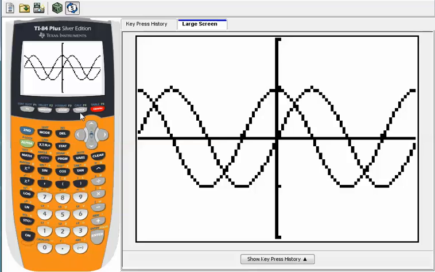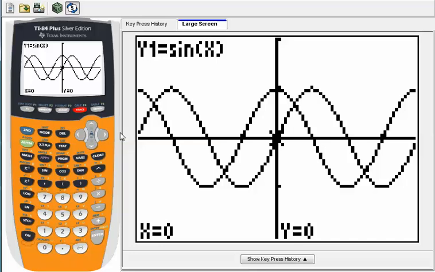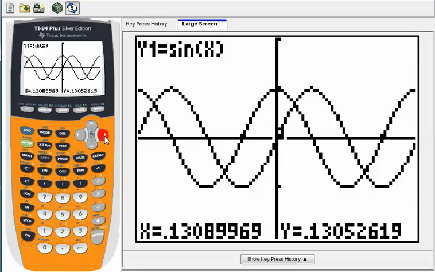Now we do have this key here, which is really, really useful, called trace. Boom, there we go. We've got this little spider, this little cursor right down here at the origin. And as we move the directional arrow keys to the left and to the right, we can see that as we step along the function, our x and y values are read out in real time.